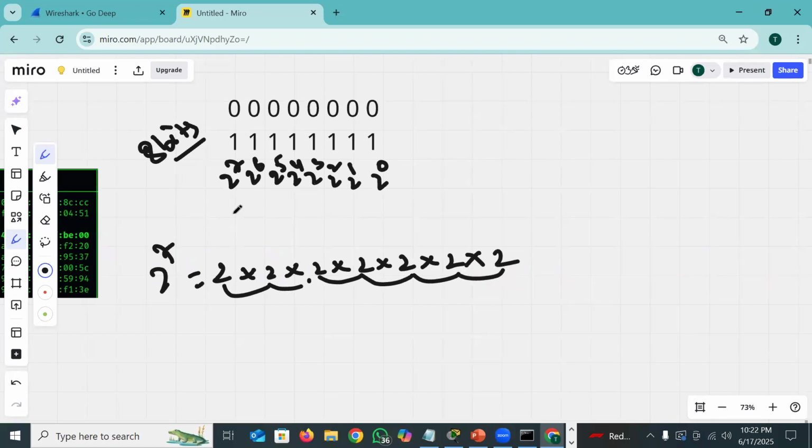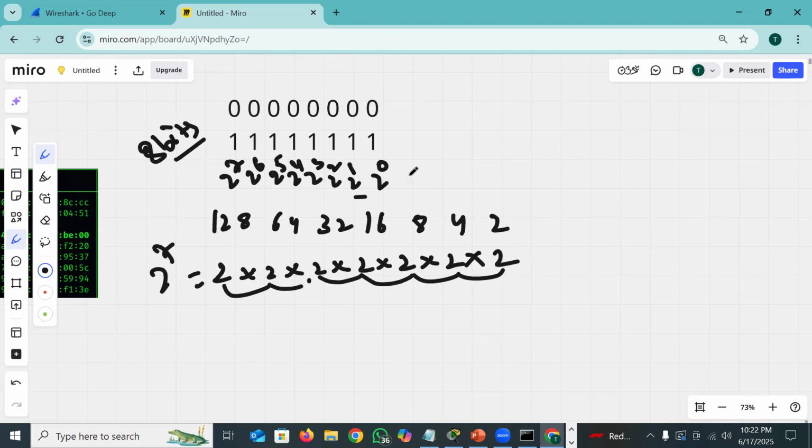So 2 to the power of 7 is 128, 2 to the power of 6 is 64, 2 to the power of 5 is 32, 4 is 16, 3 is 8, 2 is 4, and 2 to the power of 1 is 2.